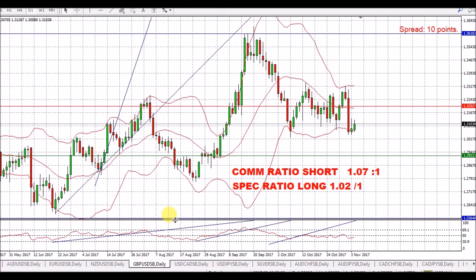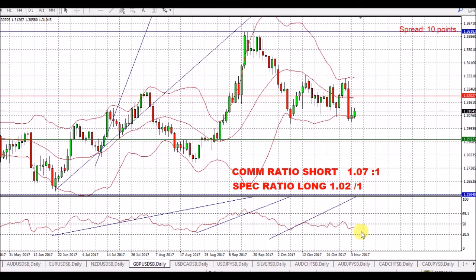The pound US dollar. I see more weakness for the pound against the dollar. We obviously had that big fall the other day, and we've had a little bit of a pullback today, but I am expecting it to continue short. We've got a commercial short ratio for the pound of 1.07 to 1, which looks fairly small, but in percentage terms, it is quite a change because commercials have been long this pair for quite some time.